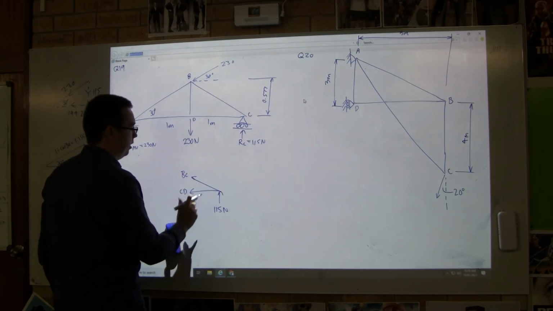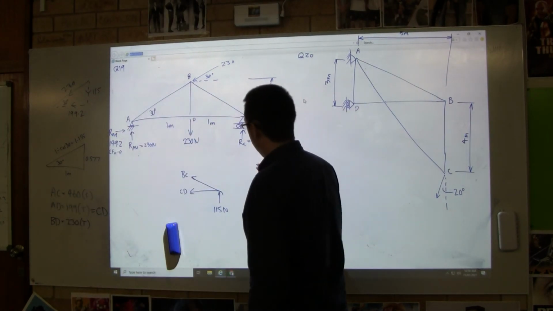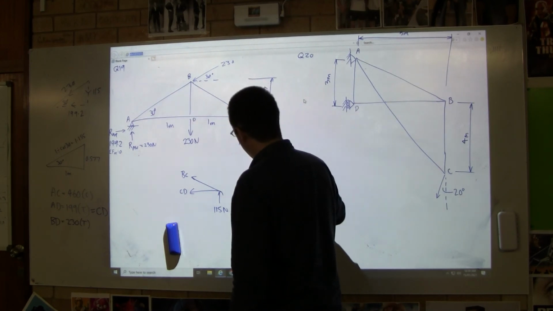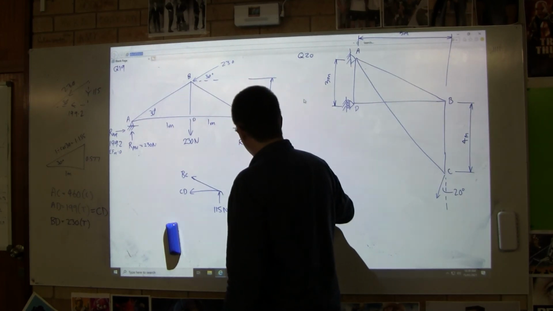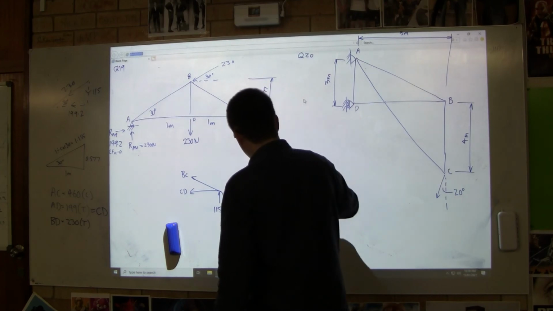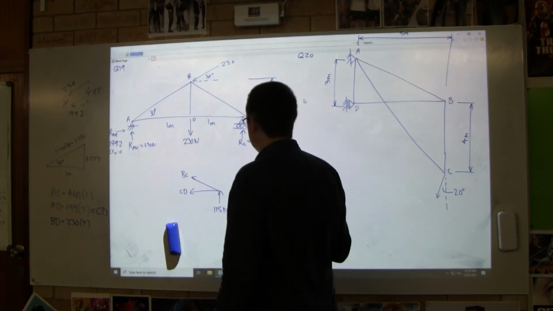The lone wolf will tell us that sum of the forces vertically equals 0. So if we have 115 up, then the vertical component of BC is going to have to be down.